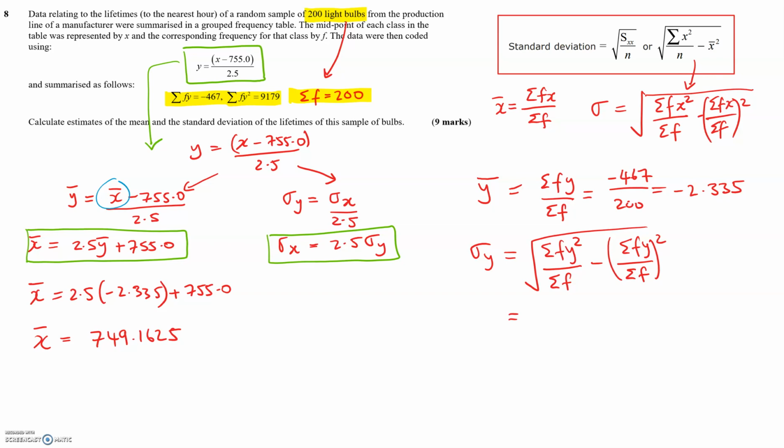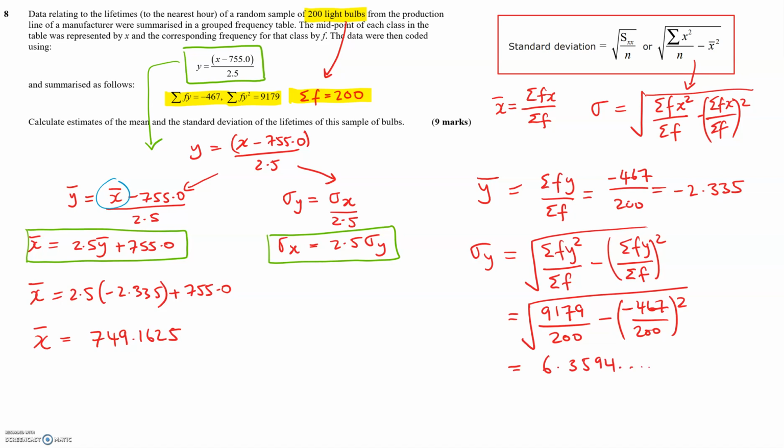I've been given sum of fy squared, so I don't have to work that out. It's 9179 over the sum of f, which is 200, minus sum of f times y over 200 squared, square root that, and I end up with 6.3594, etc.